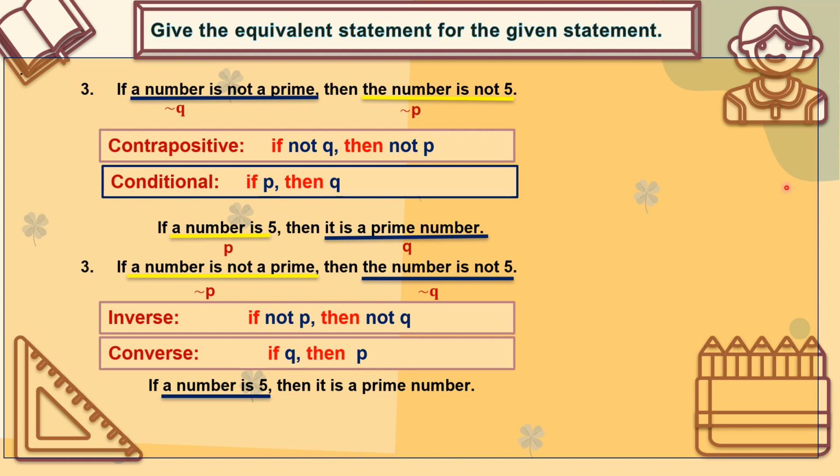Conclusion natin, a number is 5. So, ito po yung Q. Ano naman ang P? Or the hypothesis? It is a prime number. Okay? So, ganun pa rin. Kahit na sino ang mauna sa kanila, contrapositive ba o inverse, dahil pareho ng statement, pareho lang din yung lalabas na equivalent statement nila.